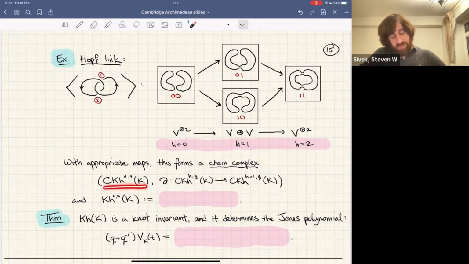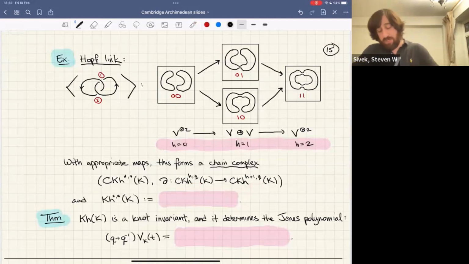So I call the chain complex CKH for Khovanov chain complex. It's got the two H and Q gradings, and all of these arrows collectively give us what's called a differential, which goes from bigrading H comma Q to H plus 1 comma Q. So it increases the H grading by 1, it fixes the Q grading. And as differentials always do, it satisfies d squared equals 0.